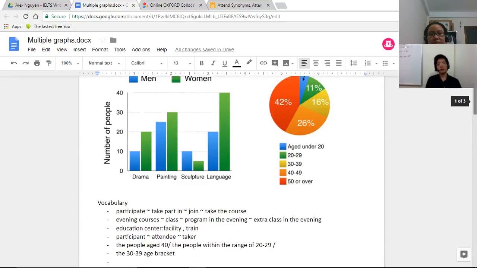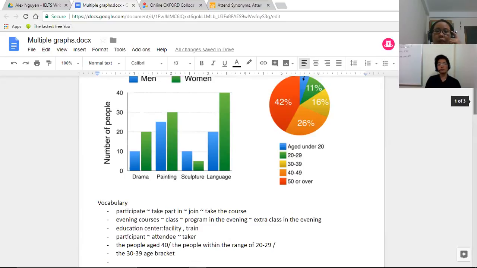Because I can see here there are 3 places I can use that, like in language, the women are with double men. In drama, same with double men, but in sculpture, men with twice as many as women.